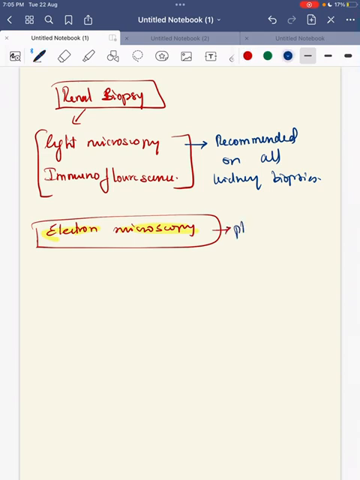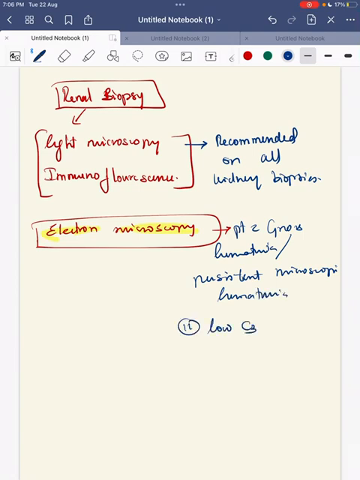This electron microscopy is recommended only for patients with gross hematuria or persistent microscopic hematuria, next low complement, and third suspected disorders of glomerular basement membrane. Okay, this is about the renal biopsy.